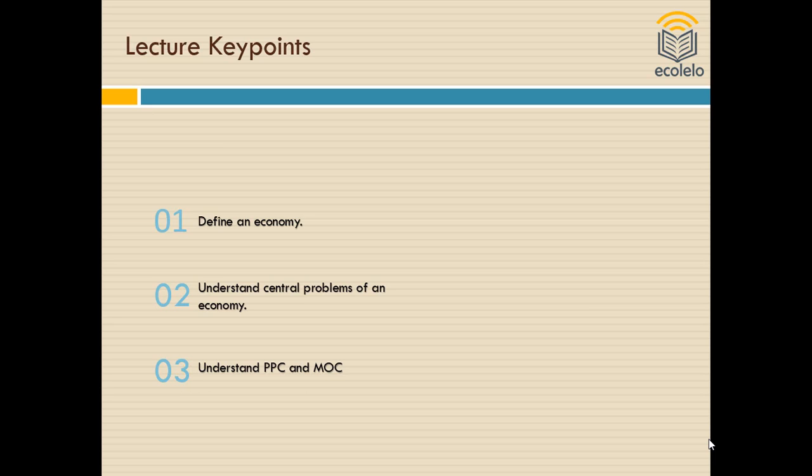I'm sure most of you know the full form of these. For those who aren't sure, PPC stands for Production Possibility Curve and MOC stands for Marginal Opportunity Cost. We are going to derive a relationship between them using a schedule and a diagram. Next, we are going to understand the reasons for increasing marginal opportunity cost.